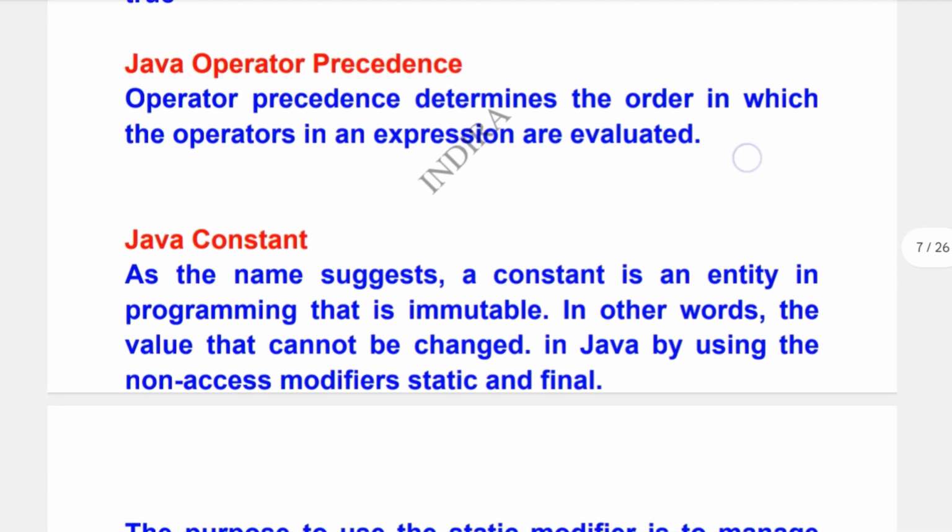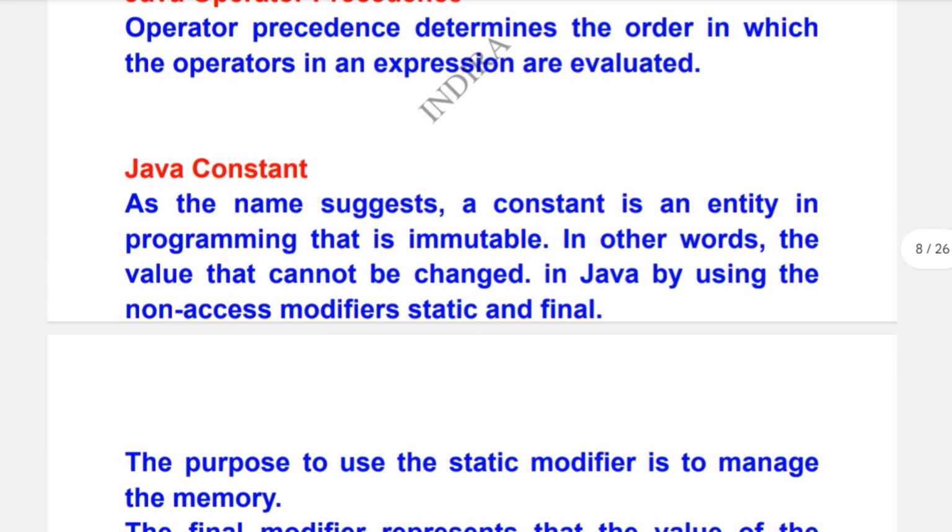After that, a Java constant is nothing but a fixed value of the variable. It can't be changed and it can't access modifiers and interfaces. These 3 points are enough to write the definition of a Java constant.